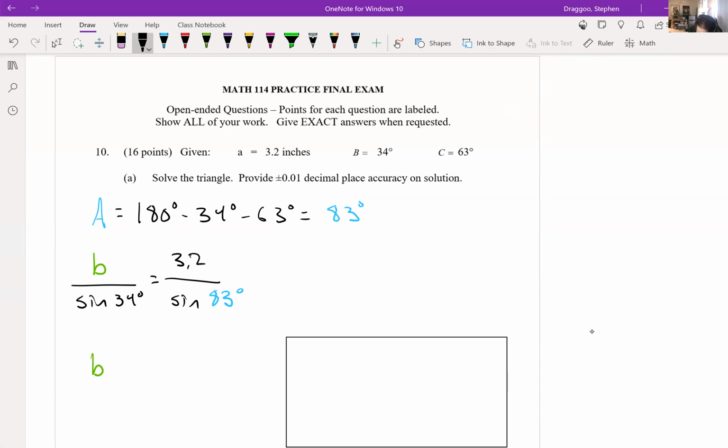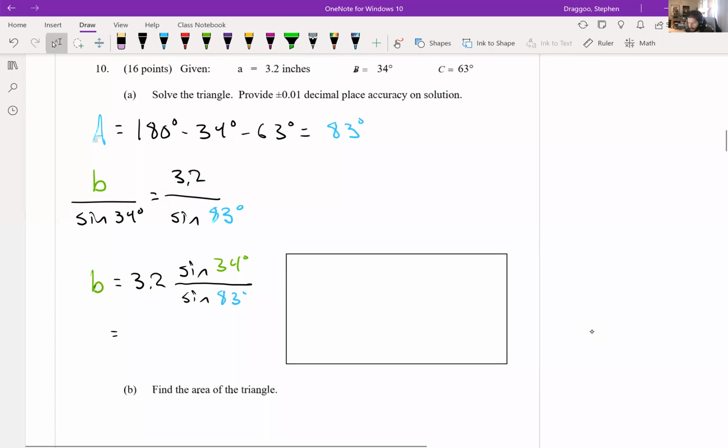Meaning b is 3.2 times the sine of 34 degrees over the sine of 83 degrees. Oop, that wasn't right. So pop that into a calculator, and we'll see what we get.